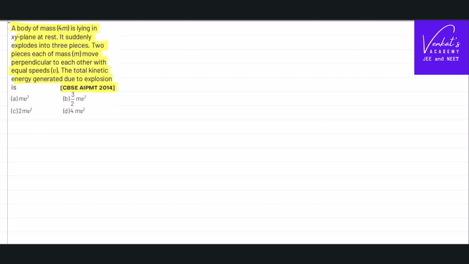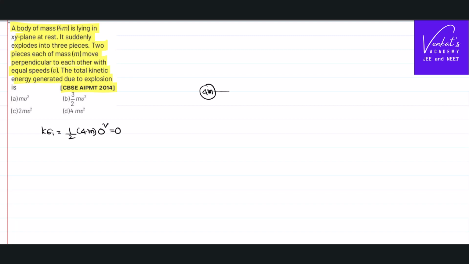Let's try to understand what he's trying to say. There is a mass of 4m which is initially at rest. So what can we say? Kinetic energy initially is half 4m into the initial velocity, which is 0, so the initial kinetic energy is 0. The final kinetic energy itself is the energy generated in the process.